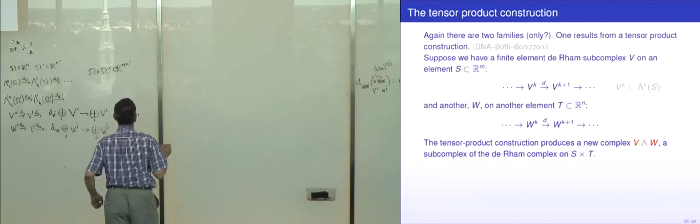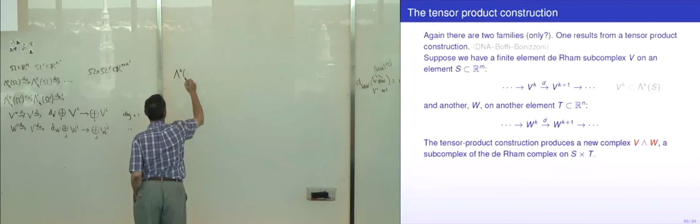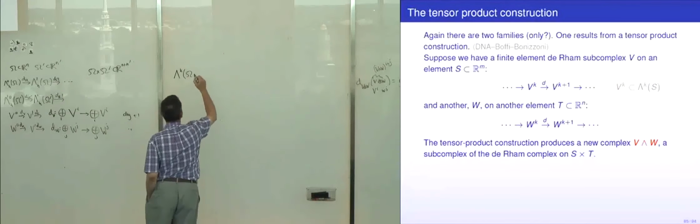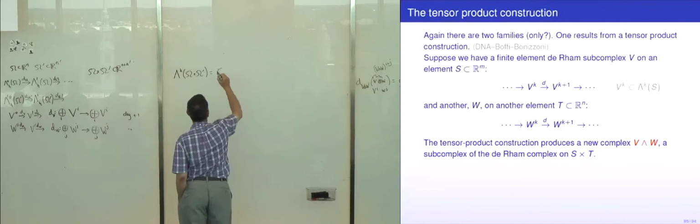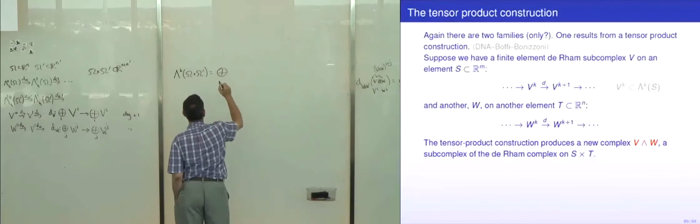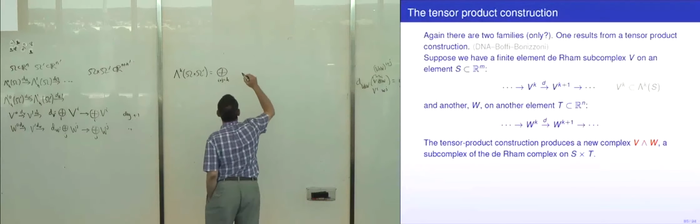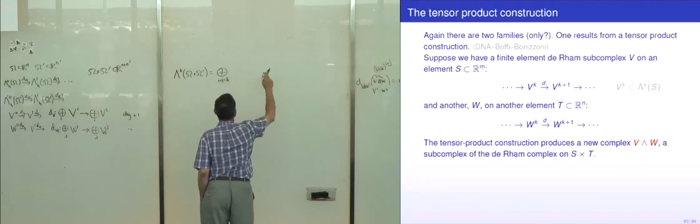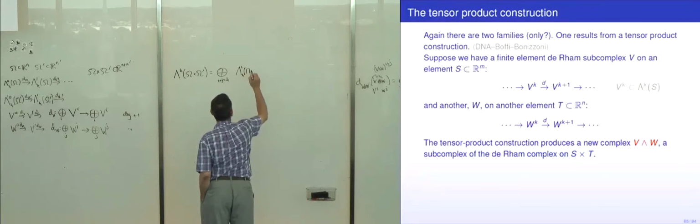So I'm going to call the space here lambda k of omega cross omega prime. This is going to be what the tensor product construction of complexes gives us, except now I want this to be differential forms. So let me start to write it in, and we'll do what we have to do.